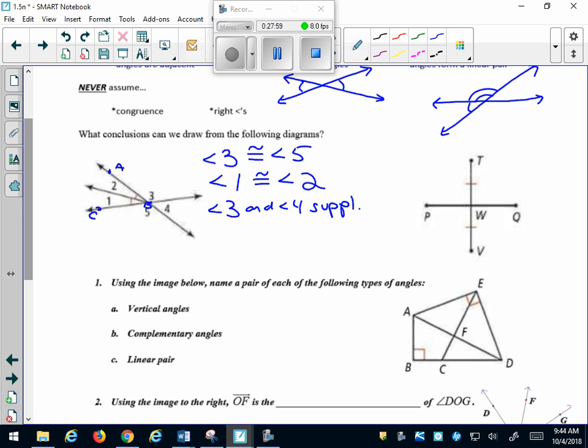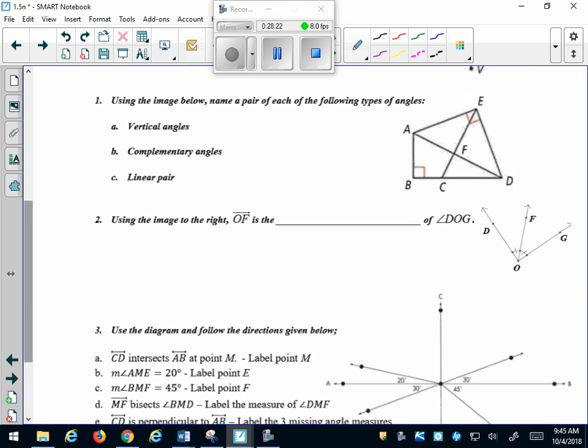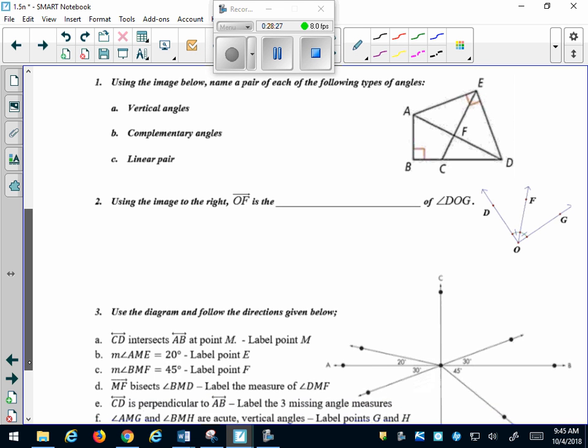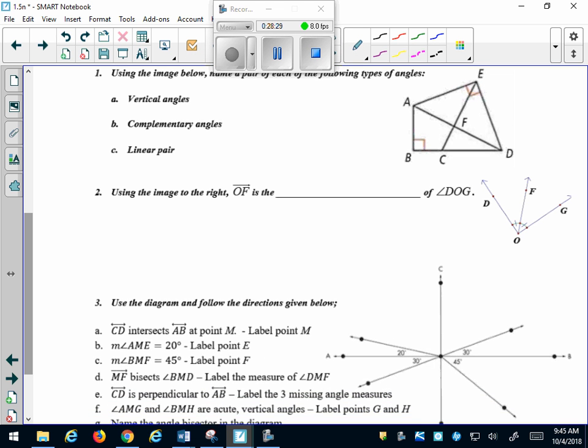Okay, but let's stick to congruences and supplementary. 3 and 4 are supplementary because they're a linear pair, but I see another linear pair here. See another one? Yep, angle 4 and angle 5. Okay, so I'm going to let you try a couple of these on your own, and then we'll go over them together before we move on.